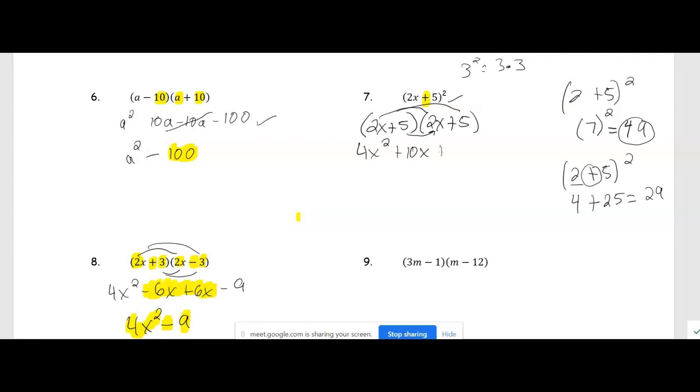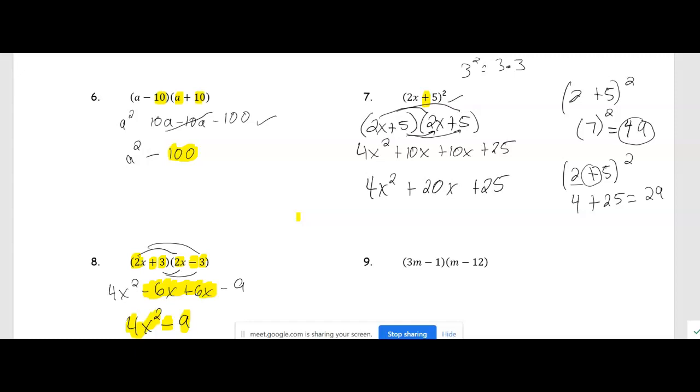And then 5 and a 2x make a 10x. And then the 5 and the 5 make a 25. We have our like terms, 4x squared plus 20x plus 25, and then that's our answer.